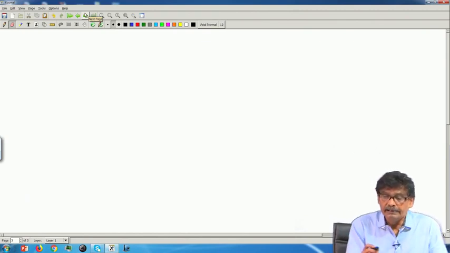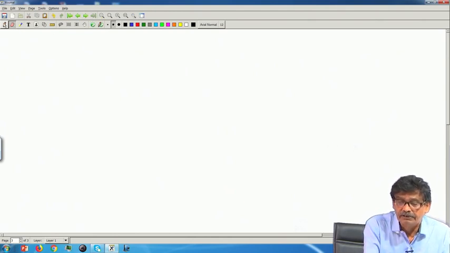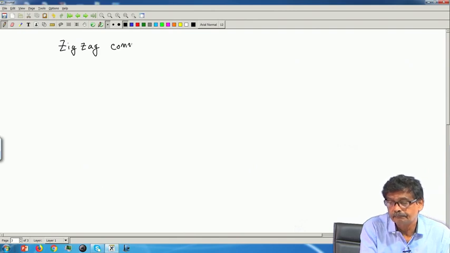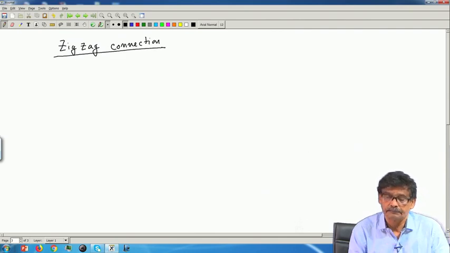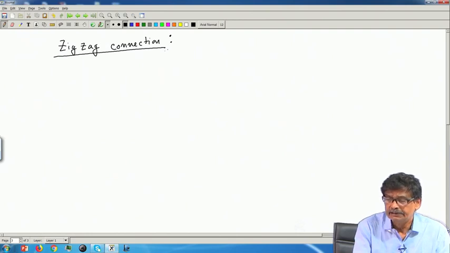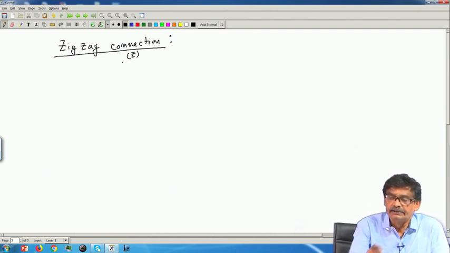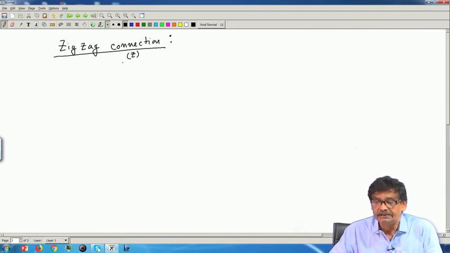Now, another connection I will just tell, which is also a very interesting connection, called zigzag connection. In zigzag connection, it is usually denoted by Z, like star Y, delta D, zigzag connection is denoted by Z. And why zigzag connection is necessary, that also we will discuss.